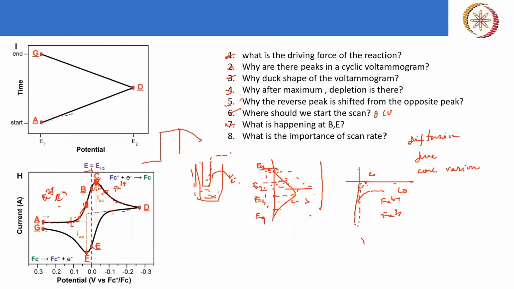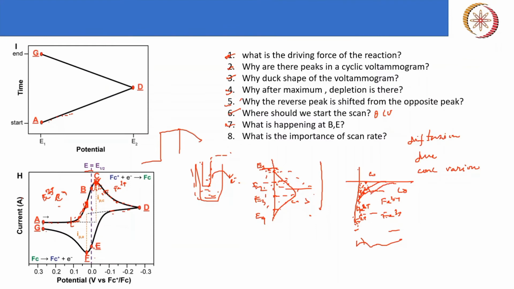As a result, on your electrode surface, the Fe2+ concentration increases. So there is a concentration variation between the electrode surface and the bulk solution. Due to this, Fe3+ can diffuse from the bulk solution to the electrode surface.